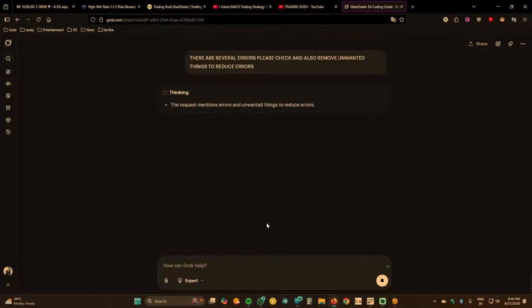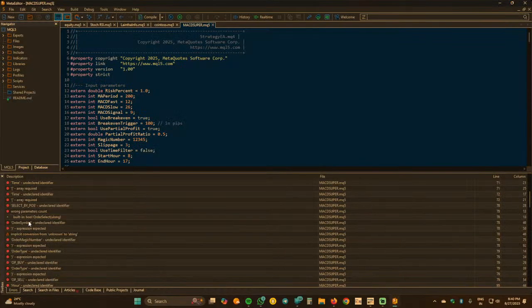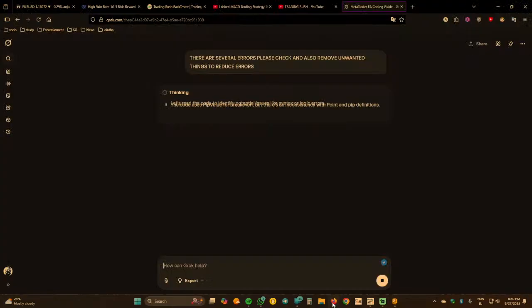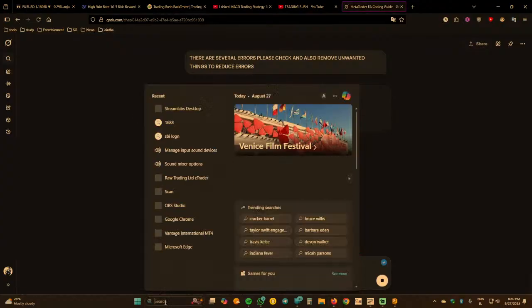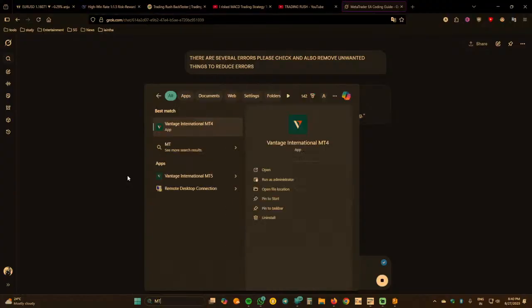There are several errors, please check, and also remove unwanted things to reduce errors. There are 102 errors. I mean, I can fix this if I spend some time, probably putting this on Google and then doing it, but let's get the EA to do it. I can also probably run something on MT4.